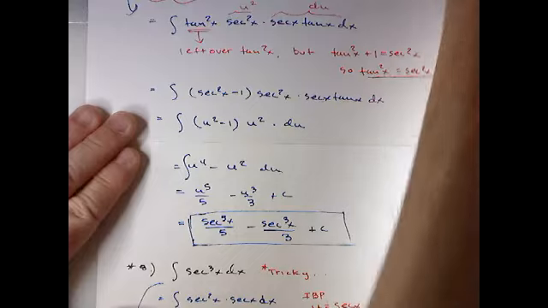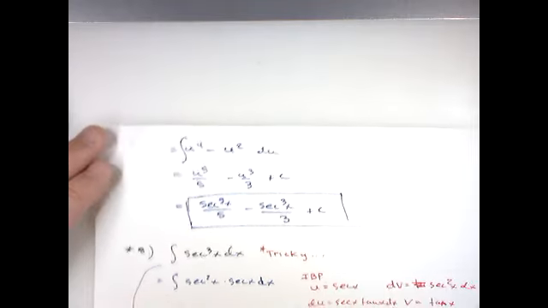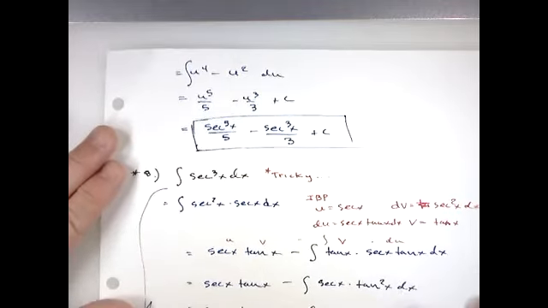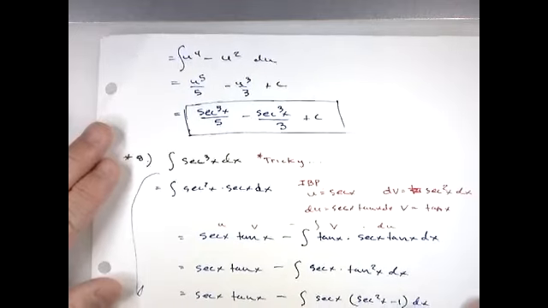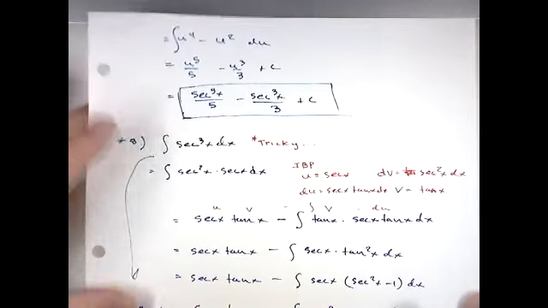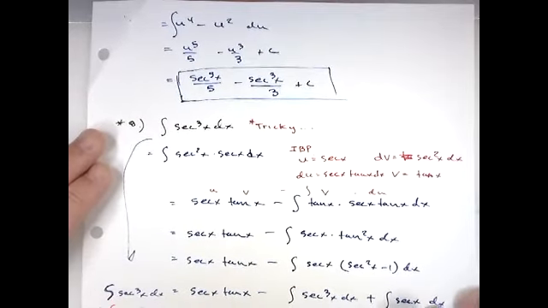Okay. Now this next one is kind of a sneaky one, and it just seems to rear its ugly head more than once in 21b and even beyond, and I've seen this integral come up in 21d frequently. Secant cubed x is kind of tricky.